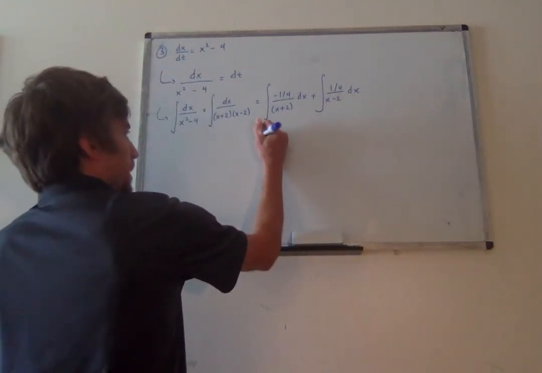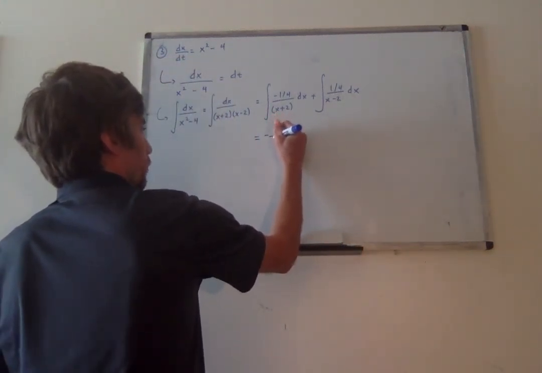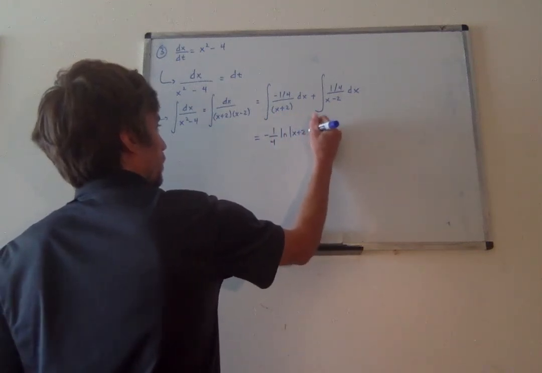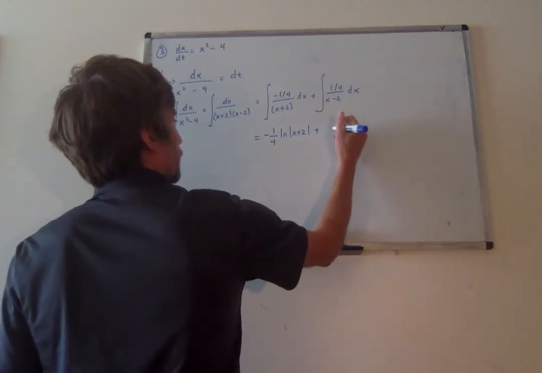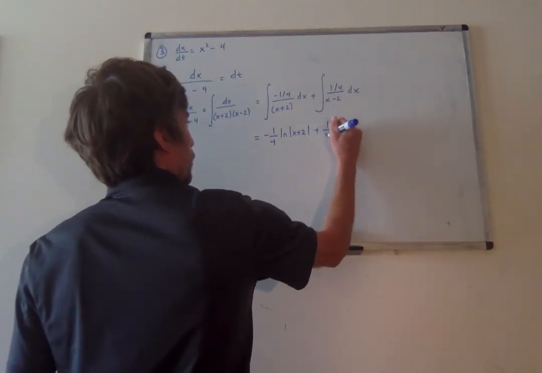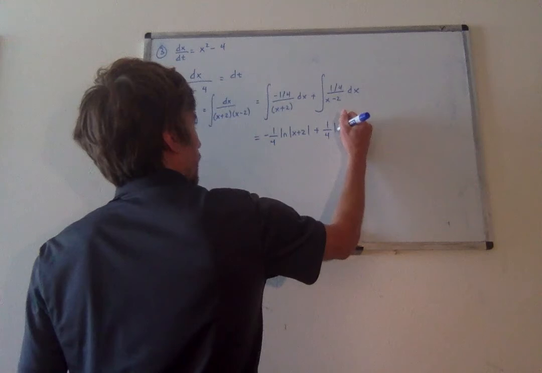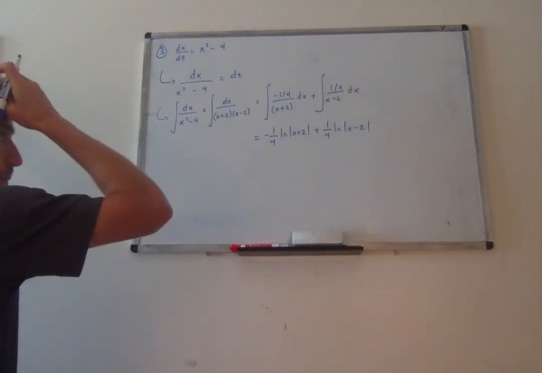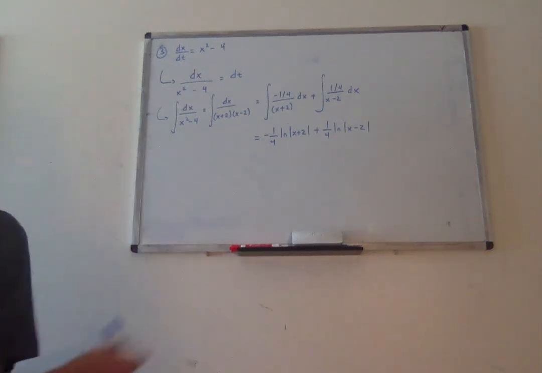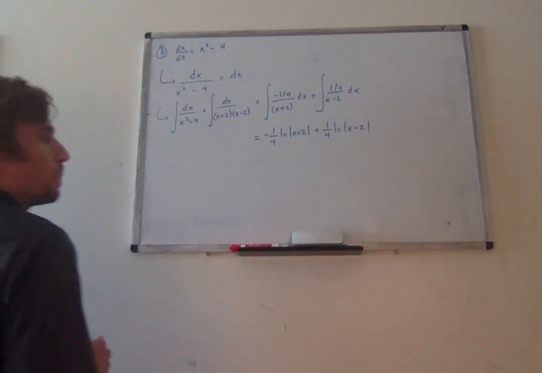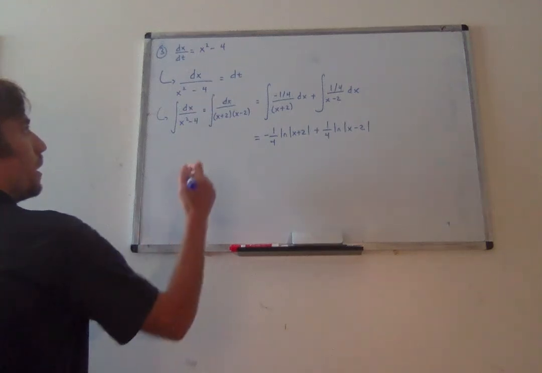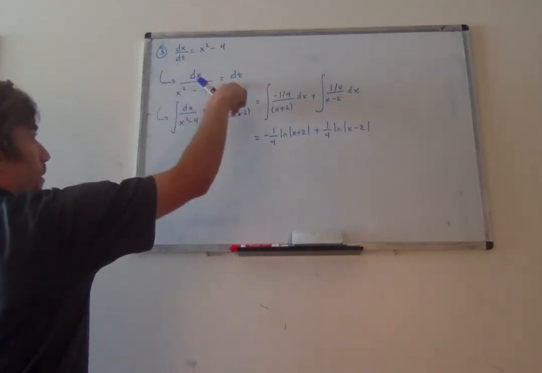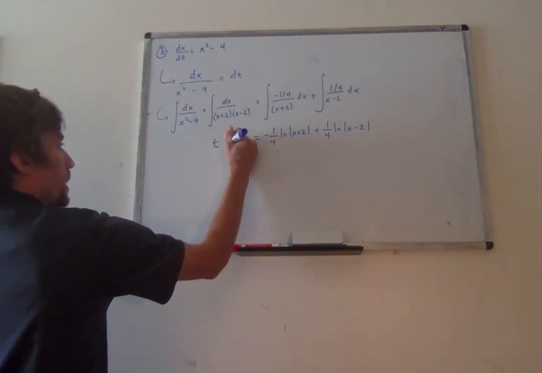And so now this is equal to negative 1/4 times the natural log of x plus 2 plus 1/4 times the natural log of x minus 2. And integrating the left side of this equation, the integral of dt should just be t plus c.